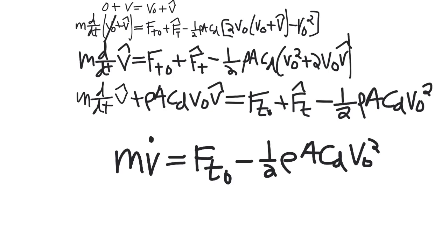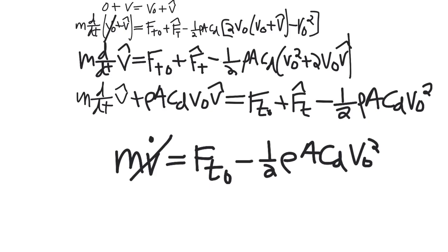And so by definition, I'm saying that ft naught is the thrust that keeps us at the constant operating point v naught. If that's the case, we're at equilibrium, and that means that v naught dot is 0, and the left-hand side of this equation is 0. And therefore, we have this relationship between ft naught and v naught.